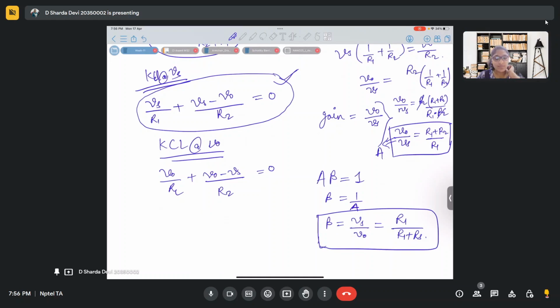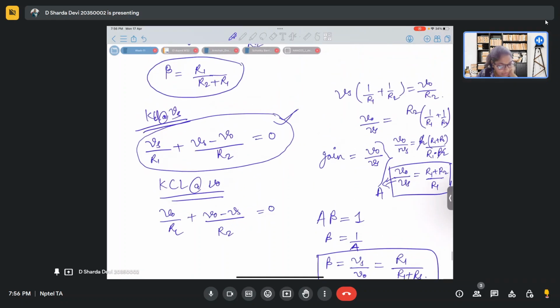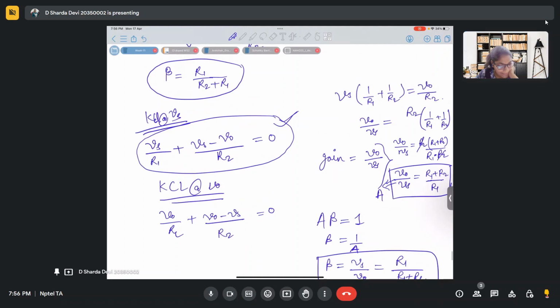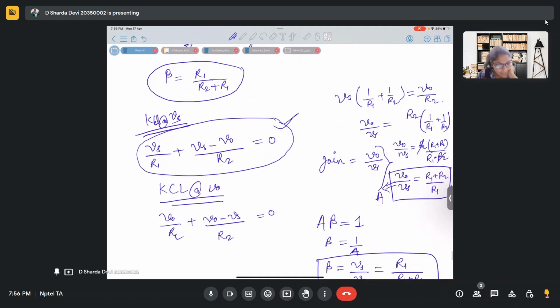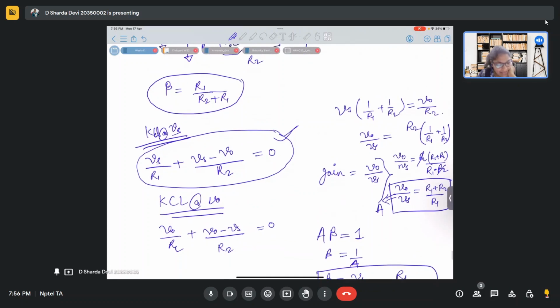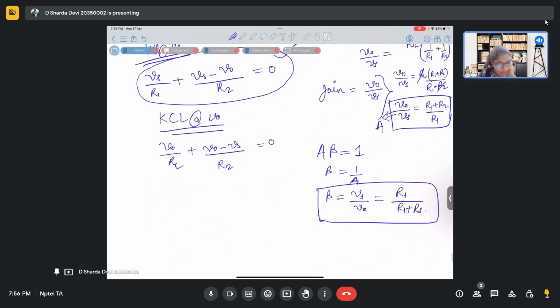How did you get A beta is equal to 1? See, as I was saying, if you give the whole of your output into input, then when I say A into beta equal to 1, that means here it is A and here it is 1 by A. So this will actually make it V in.